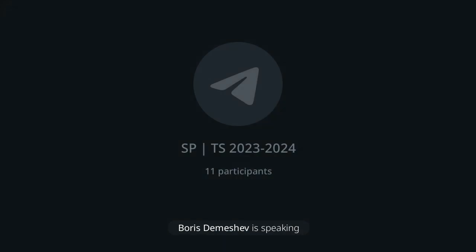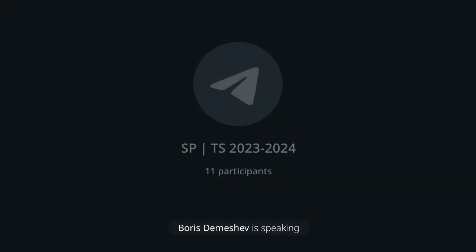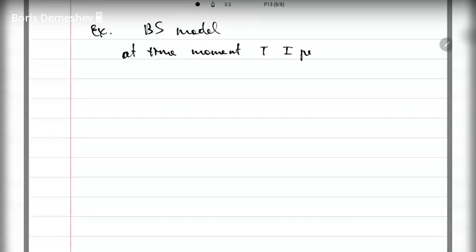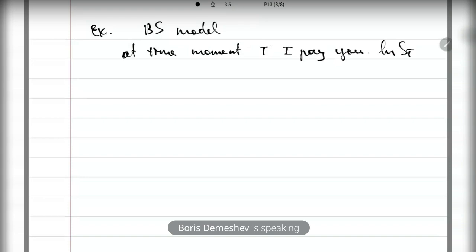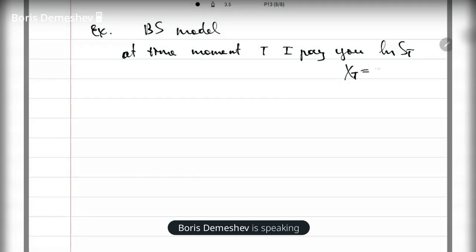Okay, one more example. Let's go back to the Black-Scholes model in continuous time. At time moment t, I pay you log St dollars. So Xt is just log St dollars.